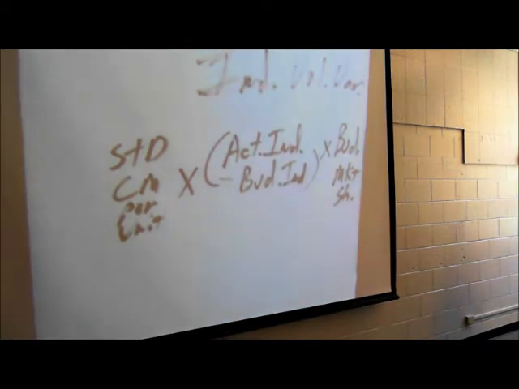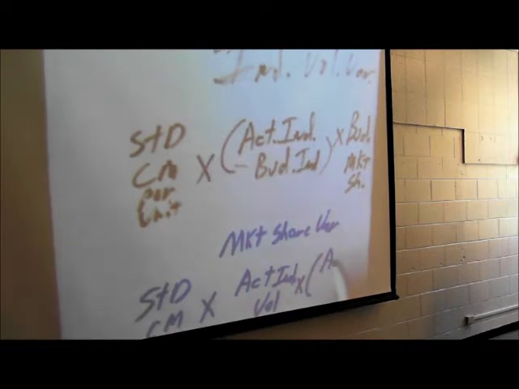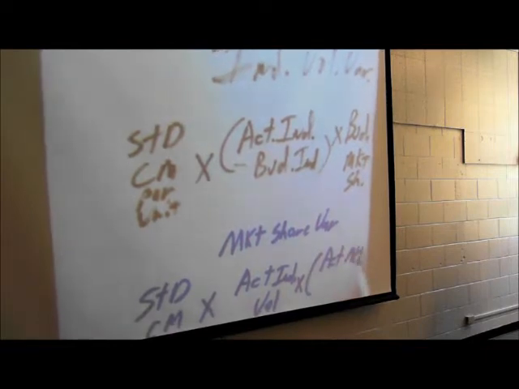Now your market share variance, again, you start with that standard contribution margin per unit times the actual industry volume times the actual market share minus your budgeted market share.